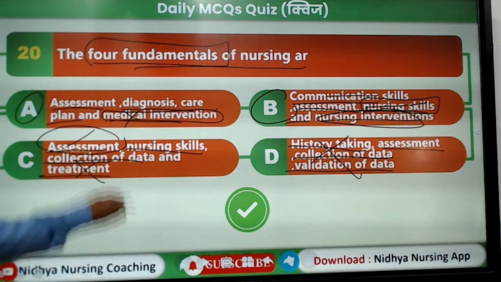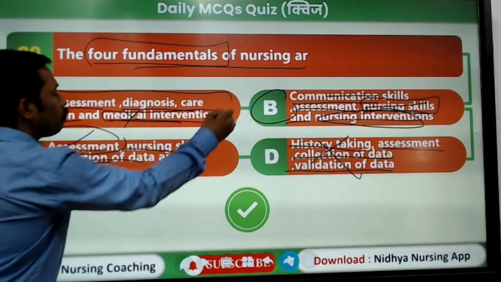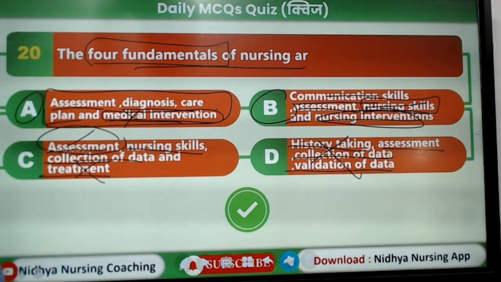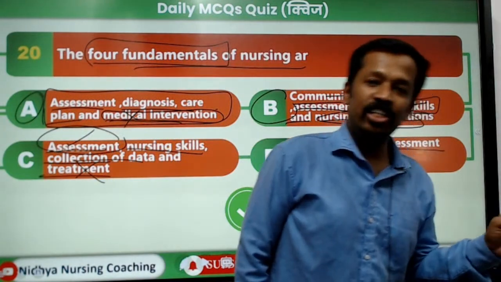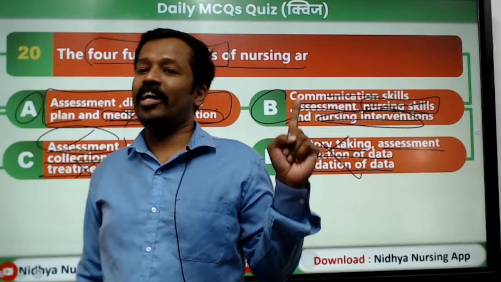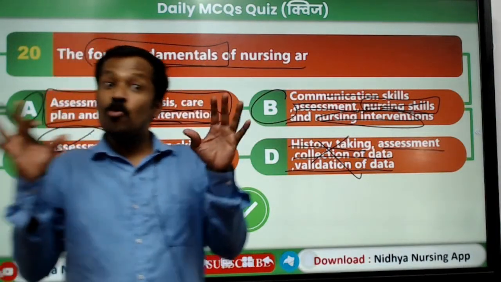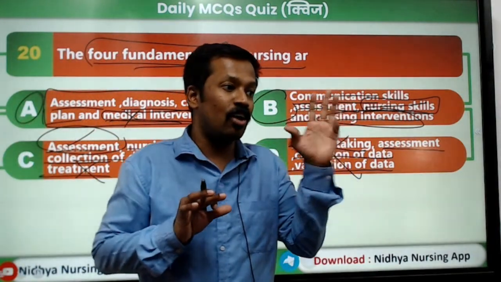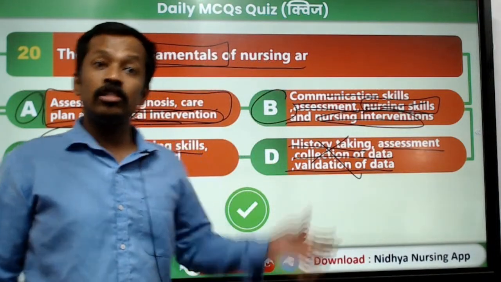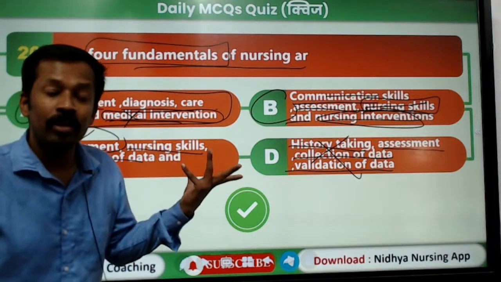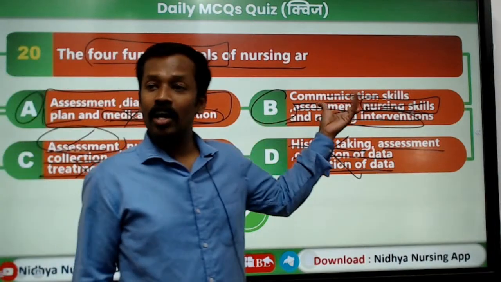So in that case we can go for option A. Got it? This is what the question is. Whenever there is a question, look for the more suitable answer. You may ask, sir, medical intervention is not ours. Yes, but how about here?